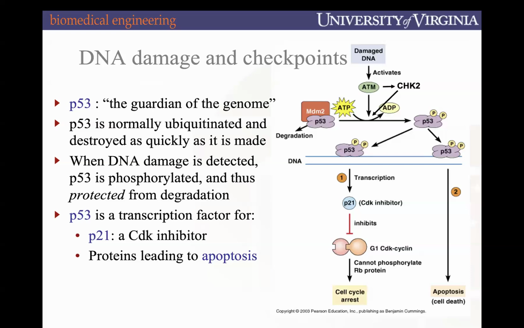But in the case where DNA damage is detected, it's phosphorylated and becomes a transcription factor that transcribes a family of genes that blocks the cell cycle and enters a state of cell cycle arrest. If the damage is extensive, it'll promote apoptosis of that cell.